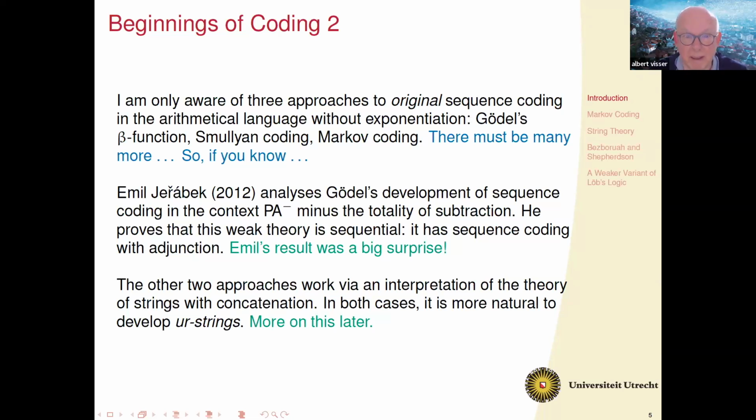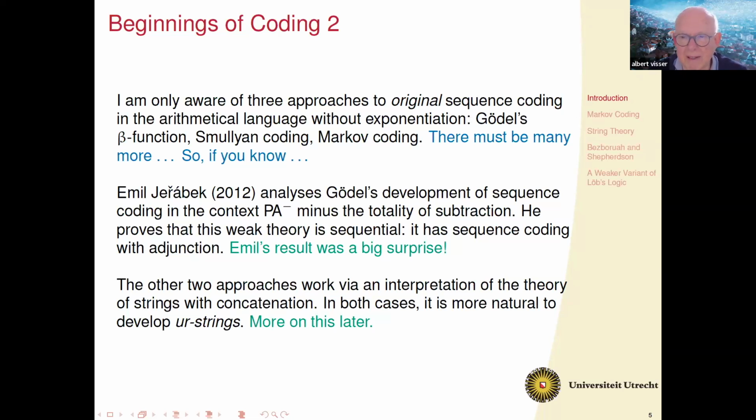So there must be many more. Gödel's development has already been carefully analyzed by Emil Jeřábek. He succeeded in making this coding work in an amazingly weak theory. It's PA minus, but he could even subtract the totality of subtraction, and still he could make it work.